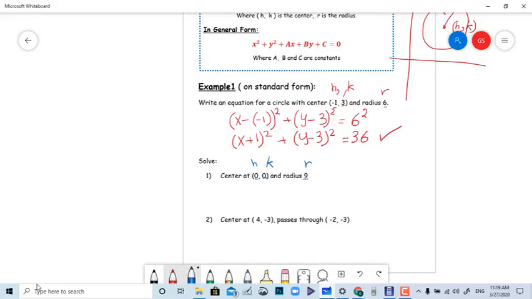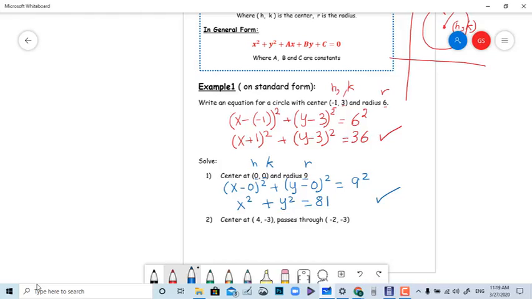My first step is (x - 0)² + (y - 0)² = 9². The second step is x² because 0 doesn't change anything, plus y² equals 81. And this is my equation here.